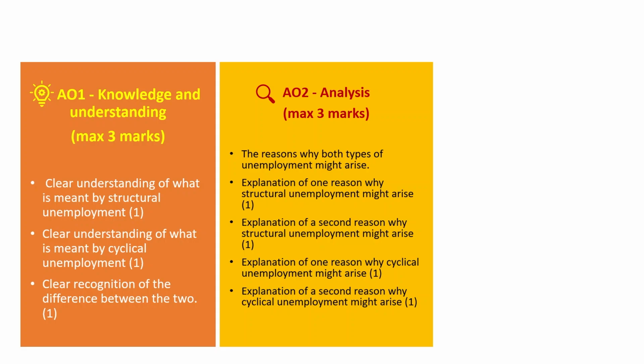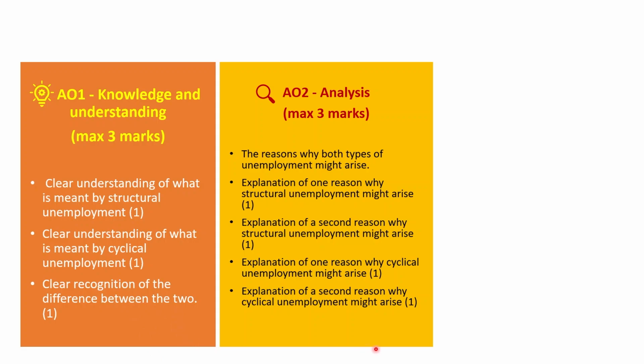The problem with this is that it's a long-lasting problem and it requires retraining or relocation of workers. So you are trying to give a clear picture of the differences between the two.